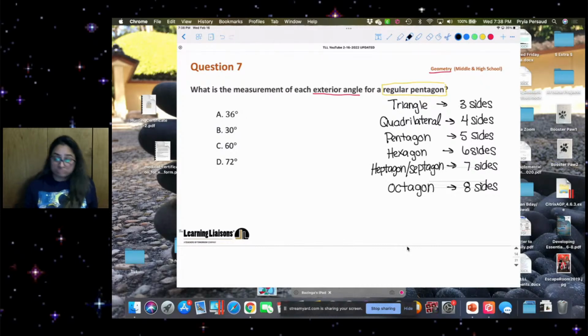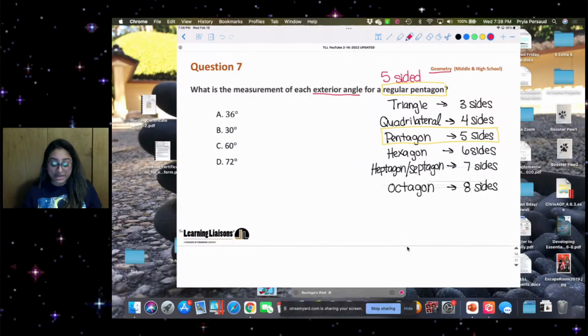Okay, not too bad. We have 3, 4, 5, 6, 7, and 8. So which one did we need? All we needed was the pentagon. Well, now we know how many sides we have. It's 5-sided.